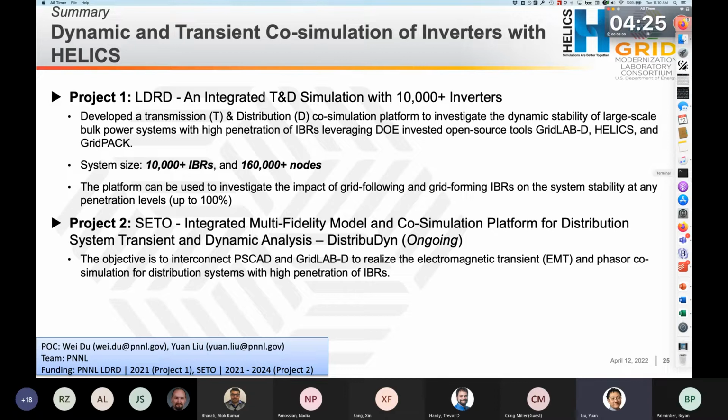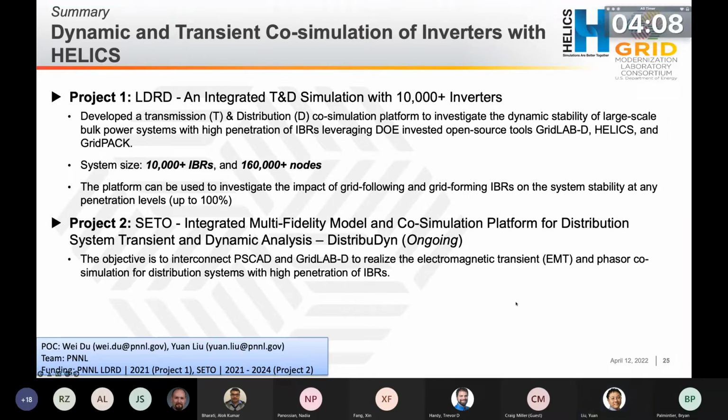In this system, we have 19 distribution feeders, more than 10,000 IBRs, and the total number of loads is more than 160,000.